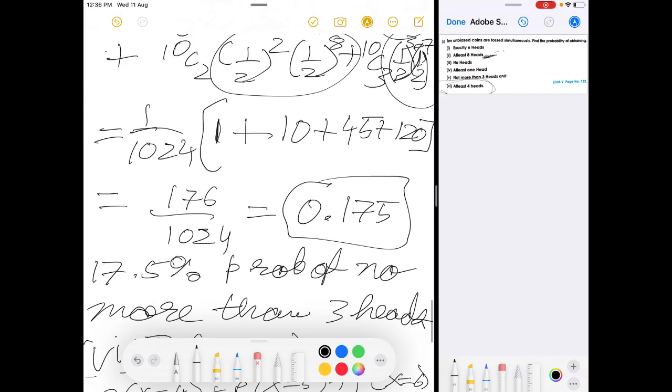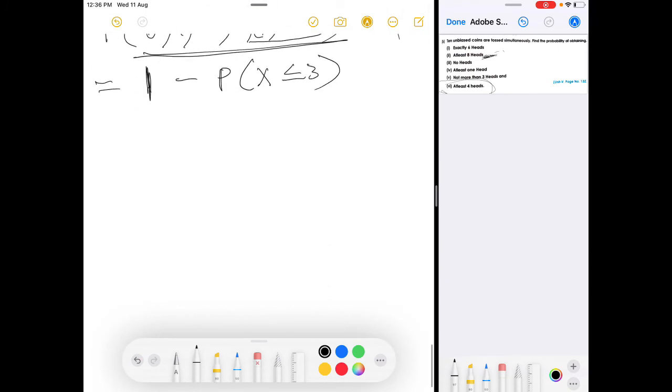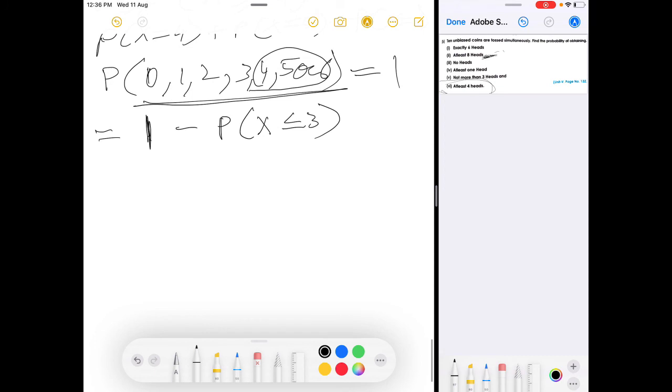So probability of getting less than or equal to 3 heads is 17.5%. We have already calculated that. So we already have this value. That's why we don't need to do any calculations again.